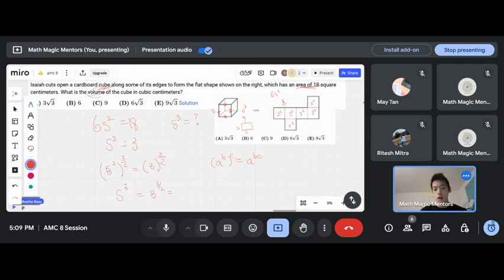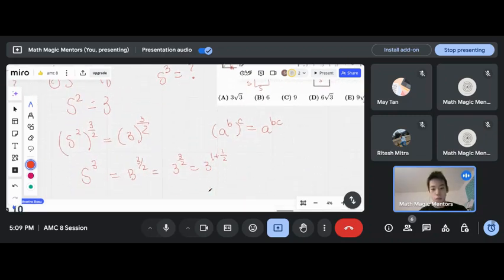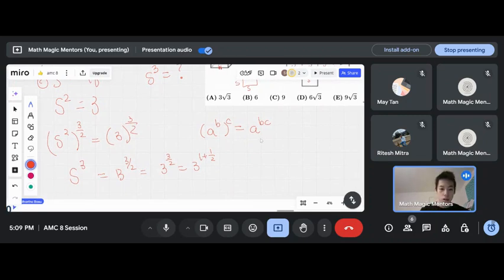And so obviously we don't see 3 to the 3/2 in one of the answer choices, but we can actually say that 3 to the 3/2 is equivalent to 3 to the 1 plus 1/2. And again, if you recall more exponent rules, a to the b plus c is equal to a to the b times a to the c.